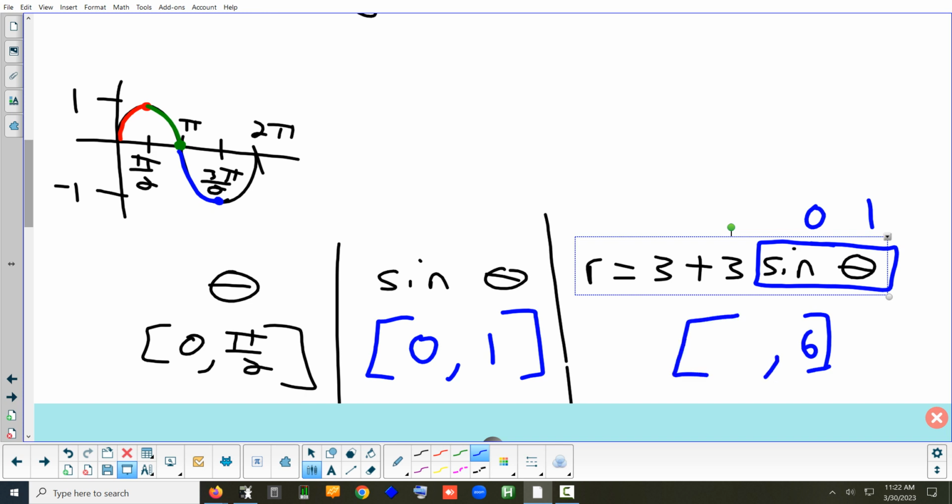What's the smallest radius you could ever get? 3. If this was 0, times 3 is 0, plus 3 is 3. So in the section from 0 to 90 degrees, as you sketch in quadrant 1, your radius is going to grow from 3 to 6.